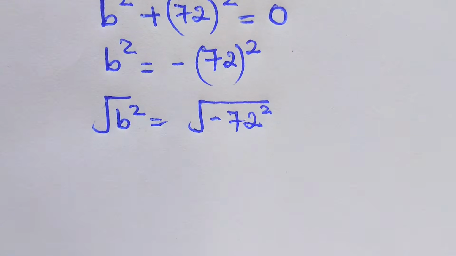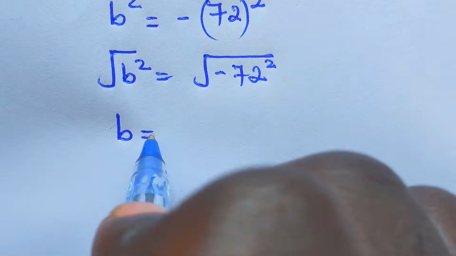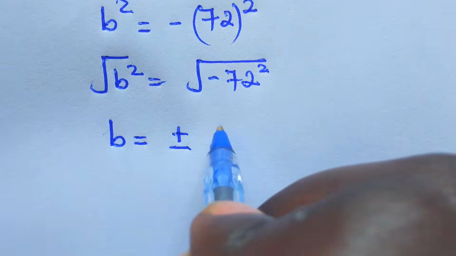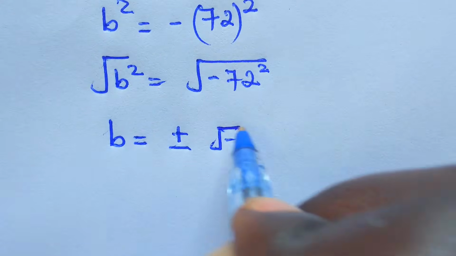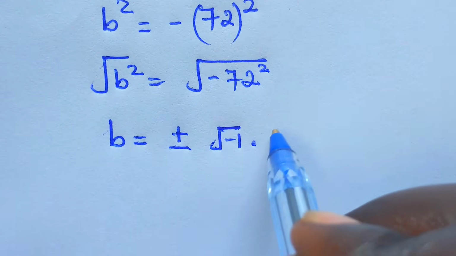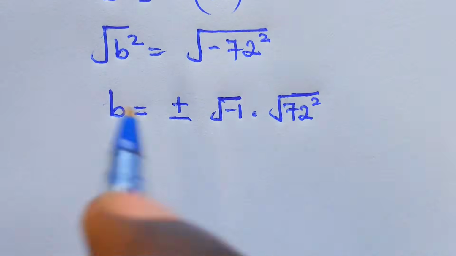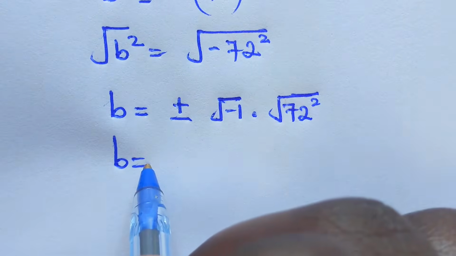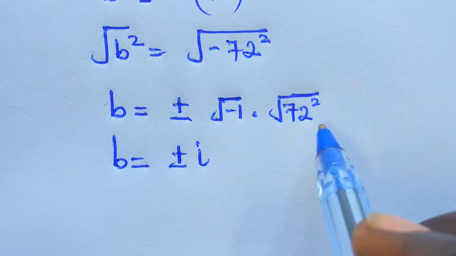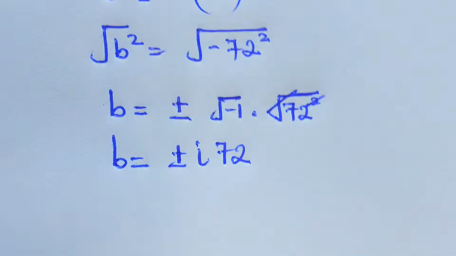Then b equals positive or negative square root of negative 1 times square root of 72 squared, so b equals positive or negative i, square root of negative 1, and the square and root cancel for 72.